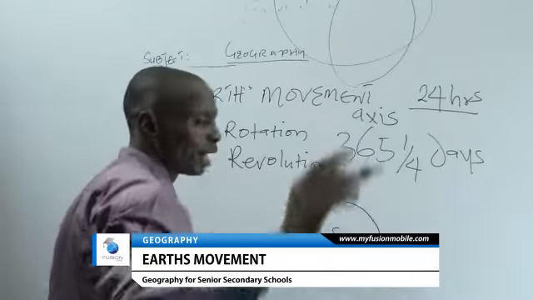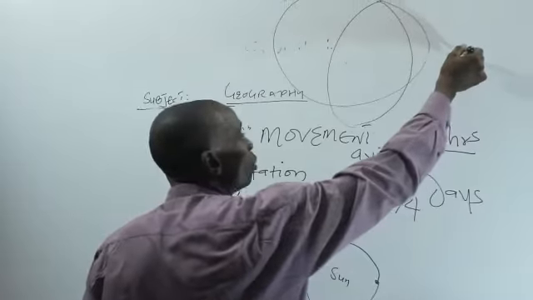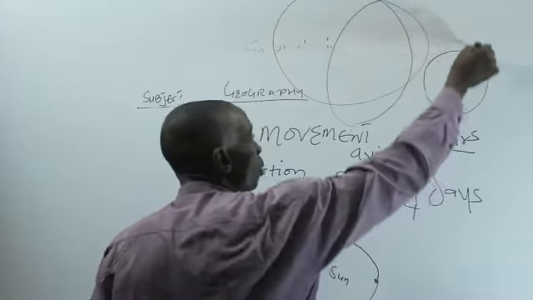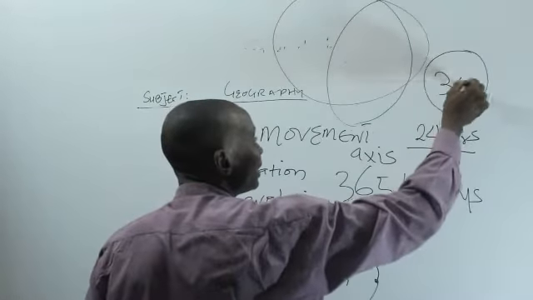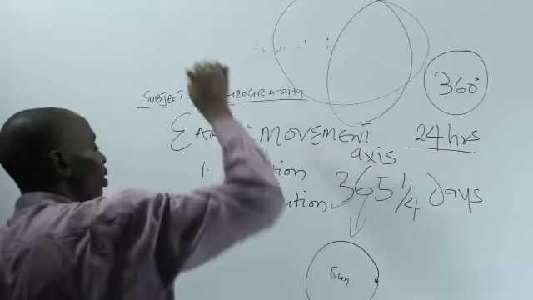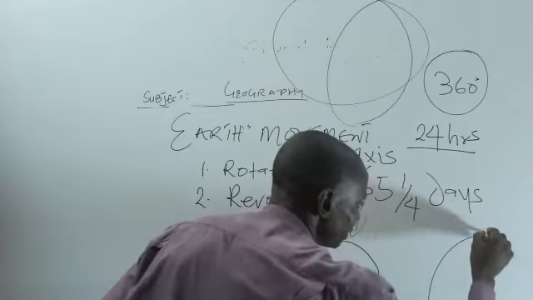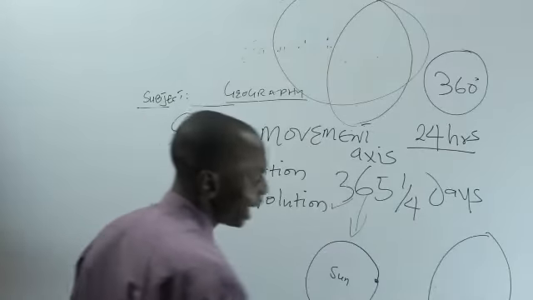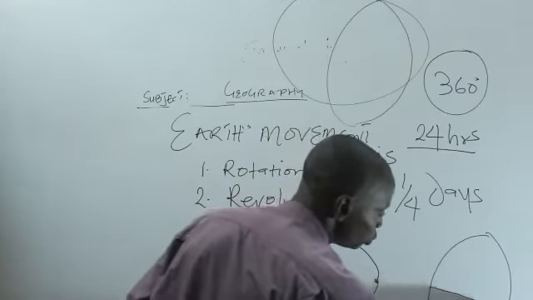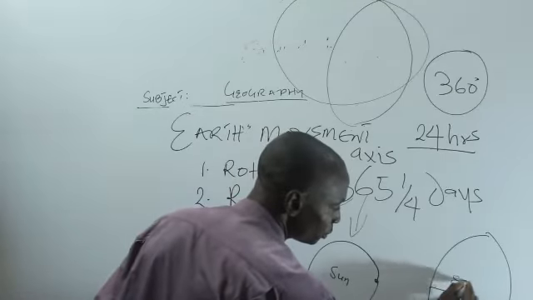Then, if you remember, your little arithmetic will tell you that the angle of a circle is 360 degrees. Now, if you look at the earth like this, and you divide the earth into two, this line is called the equator.